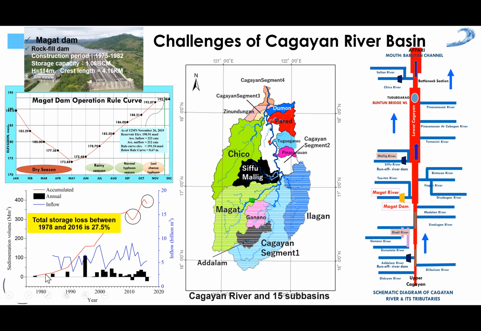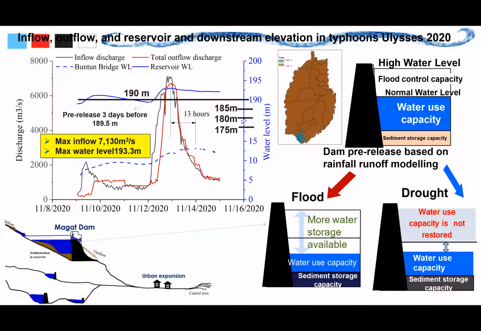Magat Dam, as you can see in this picture, has also received lots of sedimentation in the reservoir, and more than 30% or 40% of the reservoir capacity has been lost. So there is a very high risk of losing the capacity of the reservoir.